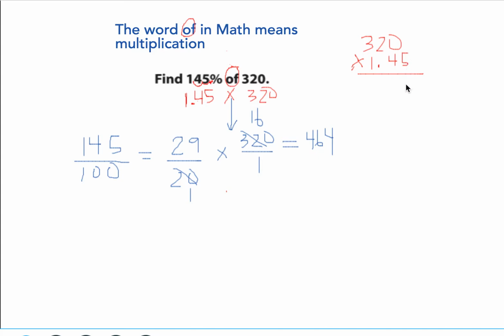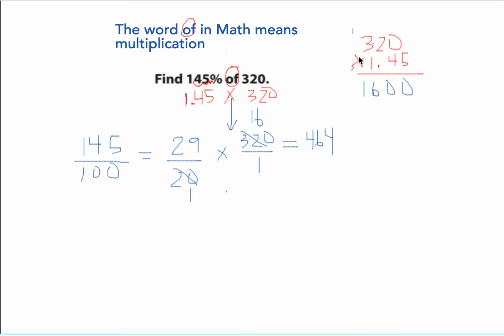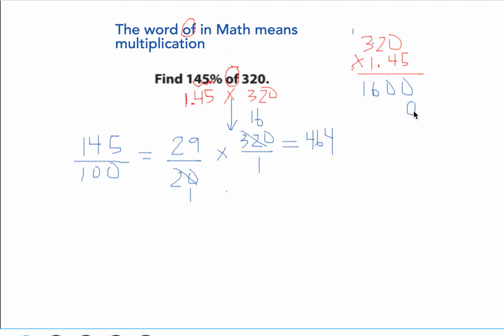When you multiply this, you would get 1600 on the top. 5 times 0 is 0, 5 times 2 is 10, 5 times 3 is 15, plus 1 is 16. Put a 0, move over to the next number, and you can move over here as well. 4 times 0 is 0, 4 times 2 is 8, 4 times 3 is 12. Put 2 zeros, move over 1, 2 to this one.